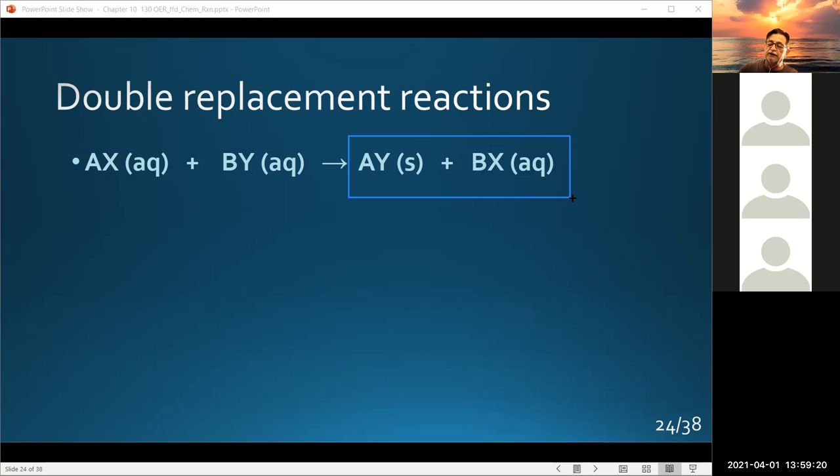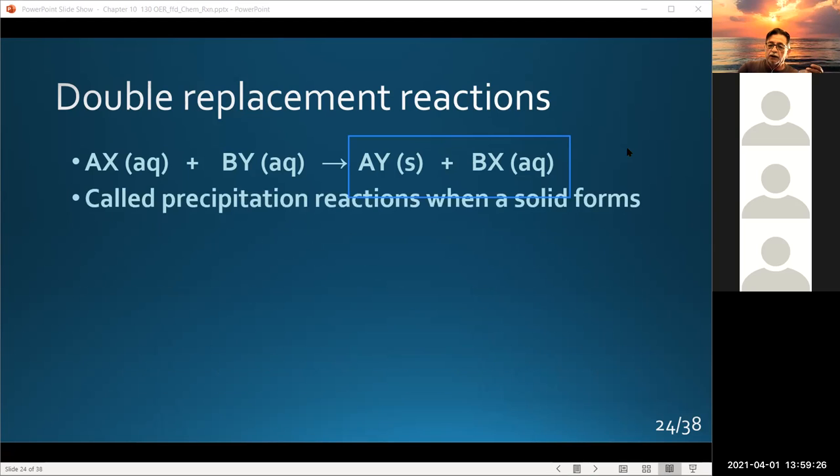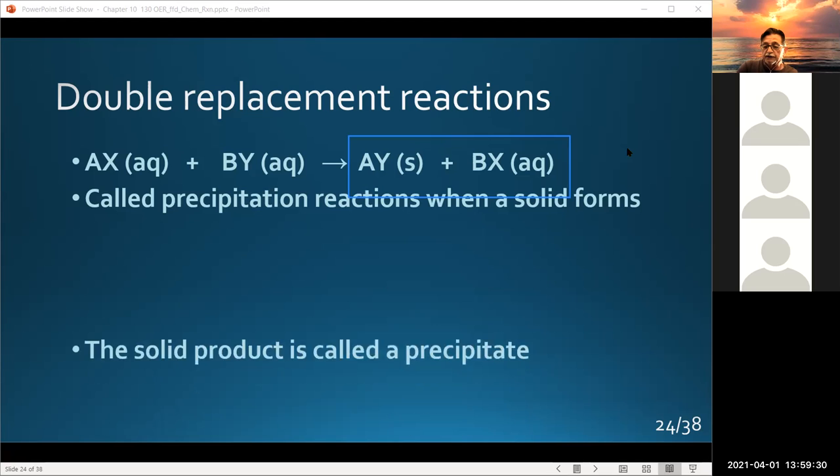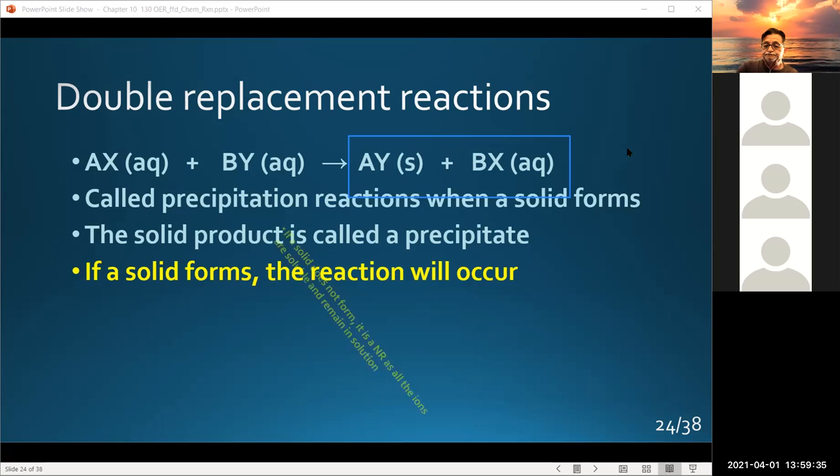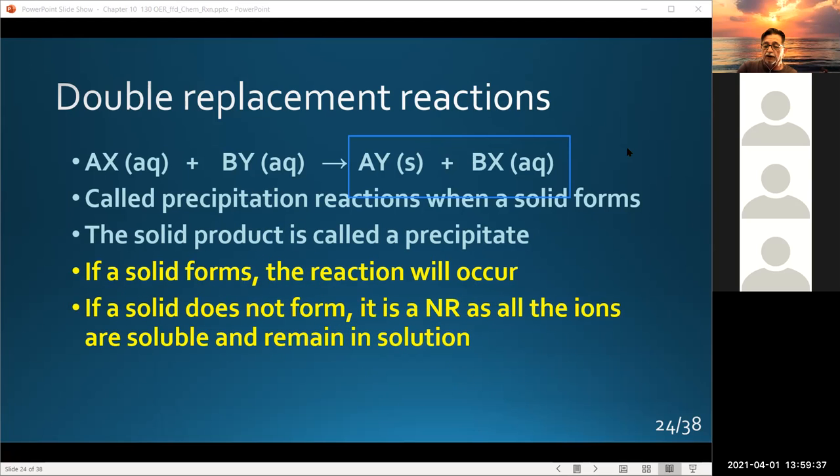You're looking for an insoluble product. We call these precipitation reactions because a solid is formed. This is basically all that I just explained: you get a solid, it's a reaction. Both of them soluble, no reaction.